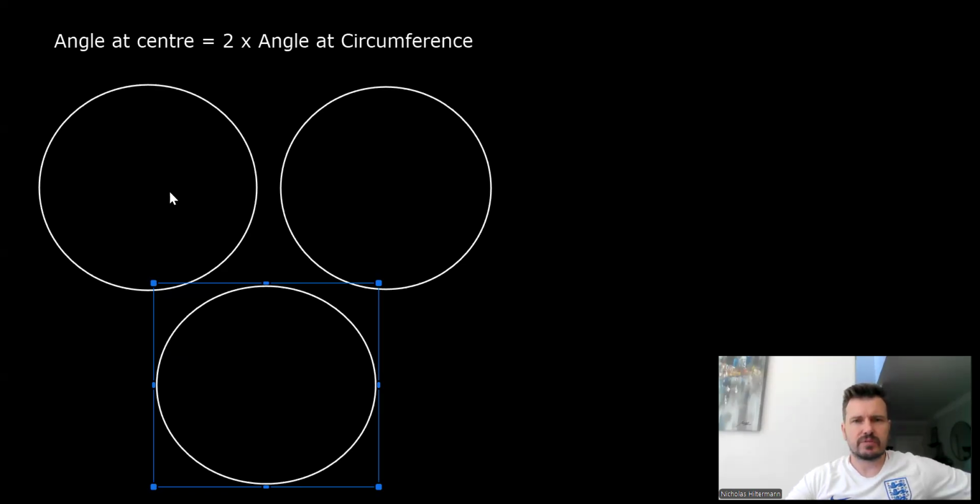Okay, so the first one we have to know for the exam is the angle at center equals 2 times angle at circumference. With this, we have the center of the circle, which we call O. And then we're looking at the angle at circumference.